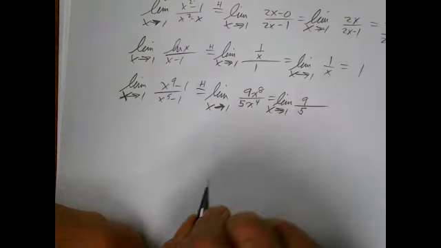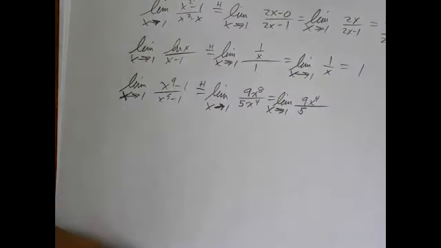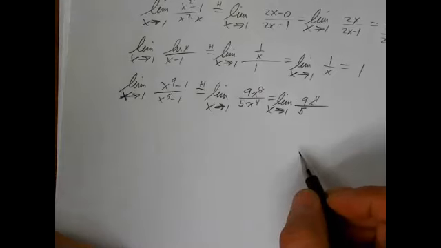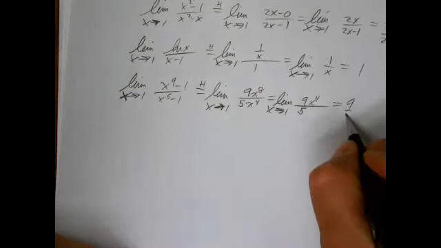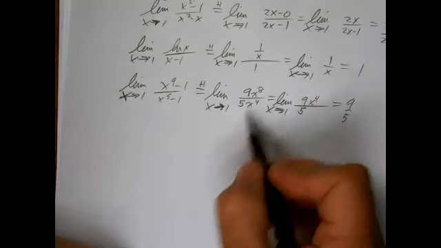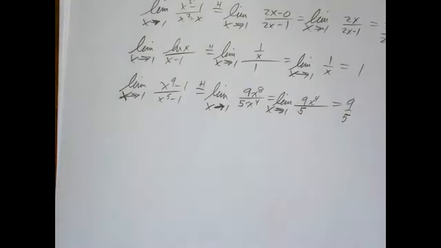This algebraic simplification is not actually required, but it certainly doesn't hurt either, just to get a little bit of practice. Plugging in the 1 now gives me a 9/5. Notice plugging in the 1 back here would have given me a 9/5. And that's why I say the algebra wasn't mandatory, but it wasn't a bad idea either.